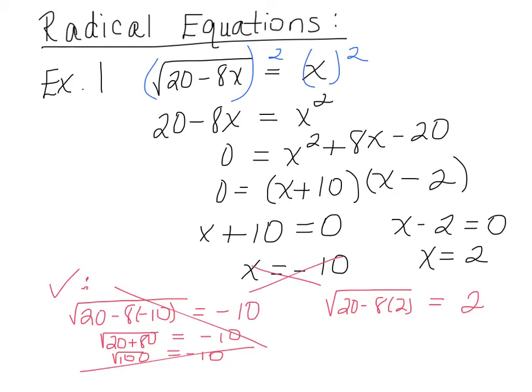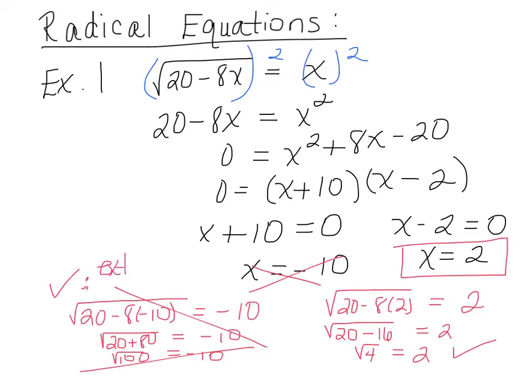Then over here we have 20 minus 16, the square root of 4, which is 2, so that one works. So 2 is our only answer. Negative 10 is what we call extraneous. So you got to make sure you check your answer.